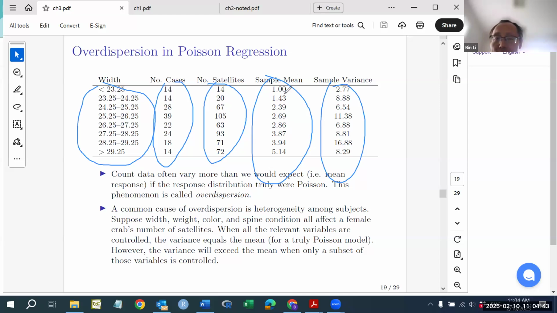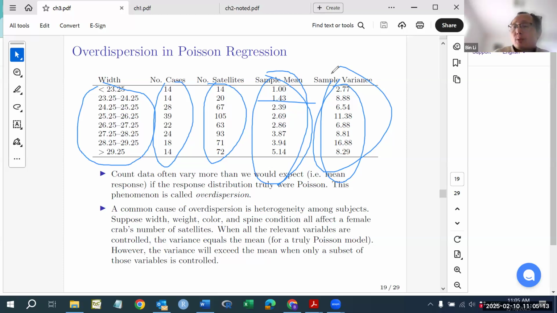You can see the sample mean and the sample variance at each group are not the same, and the variance is actually greater than the mean in all the groups.